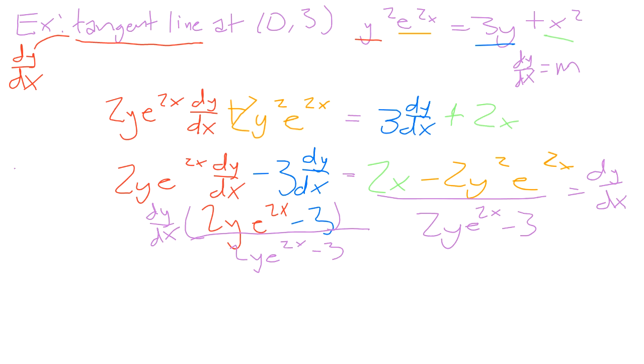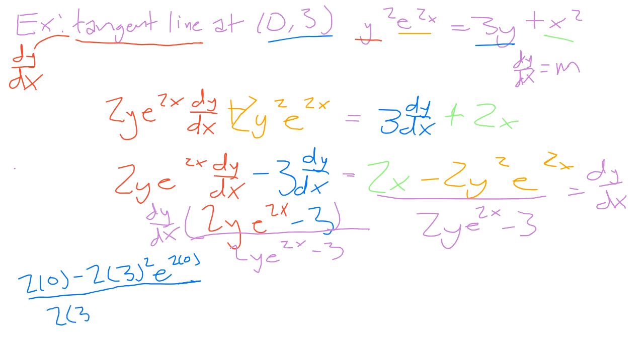let's plug in our 0 and 3. We get 2 times 0 minus 2 times 3 squared e to the 2 times 0, over 2 times 3 e to the 2 times 0 minus 3.